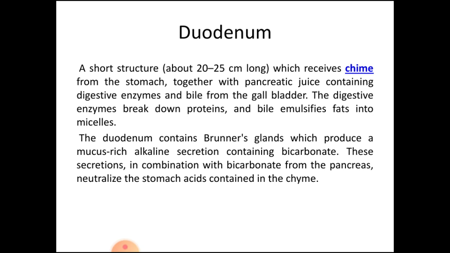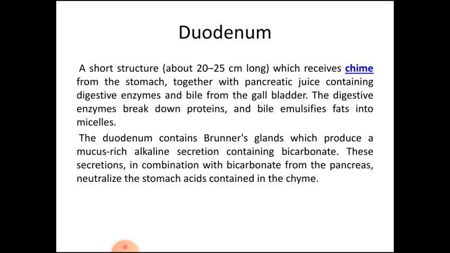The duodenum contains Brunner's glands, which produce mucus-rich alkaline secretion containing bicarbonate. This secretion is combined with bicarbonate from the pancreas to neutralize the stomach acid contained in the chyme. The food coming from the stomach is highly acidic, containing a high amount of HCl.